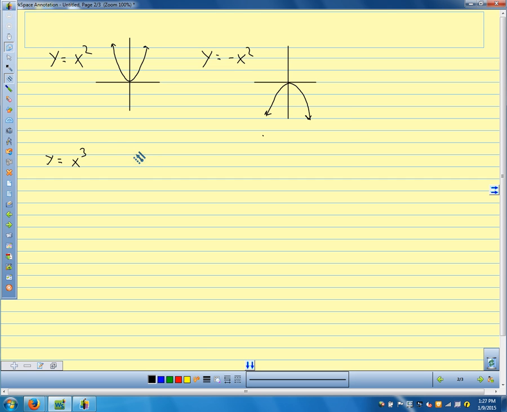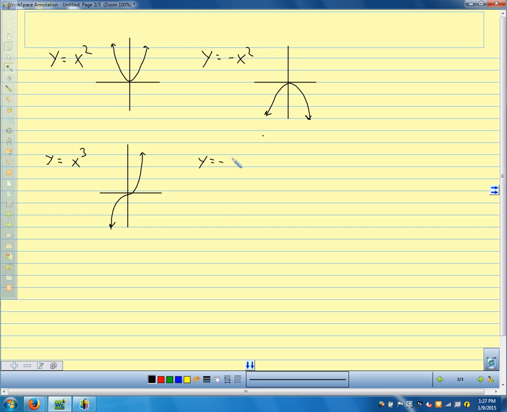Do we remember what the graph of y equals x to the 3rd looks like? Kind of an S shape, right? So it looks kind of like that. And on the right hand and the left hand side, here it keeps going up and here it keeps going down. It doesn't turn around again.